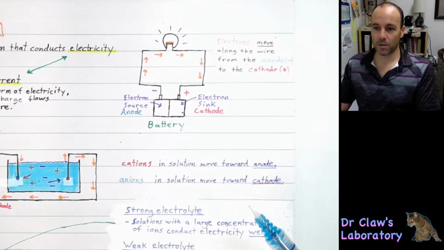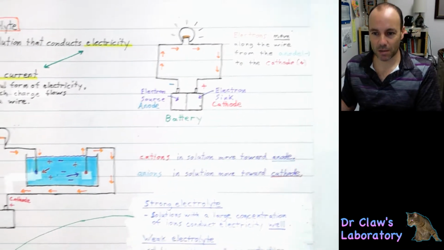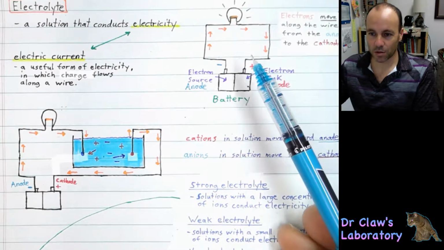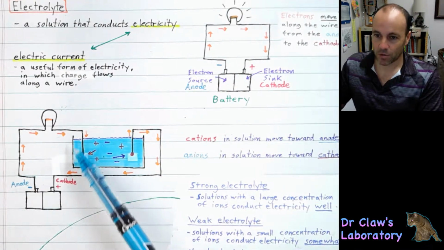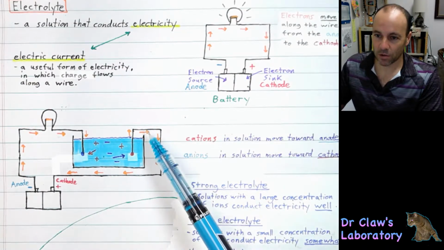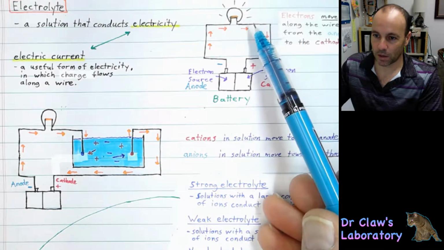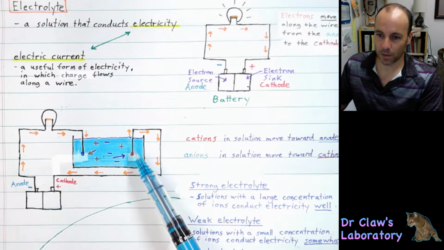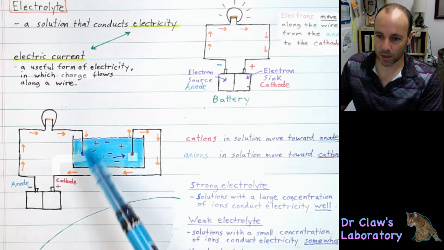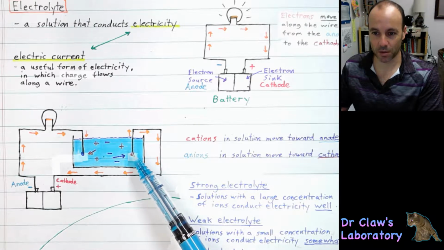Now, electrolytes are able to conduct electricity. Electricity passes through them. And so you can imagine this circuit being modified a little bit by the introduction of an electrolyte. So basically, over here, suppose you cut this wire and you see if the presence of the solution is able to bridge the gap, if it closes the circuit.